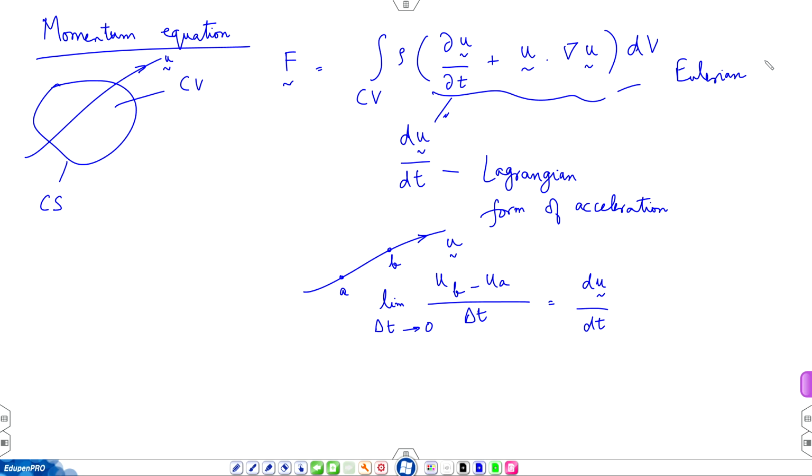Now, this Eulerian form looks more complicated, but it is preferred to the Lagrangian form. The reason is the Lagrangian form has to be evaluated along the flow path, but you do not know the flow path to start with. So, that derivative du dt, the Lagrangian form, cannot be evaluated, but the other derivatives, let us say del u del t, it is at a point. At a point, you just find the change in velocity with time.